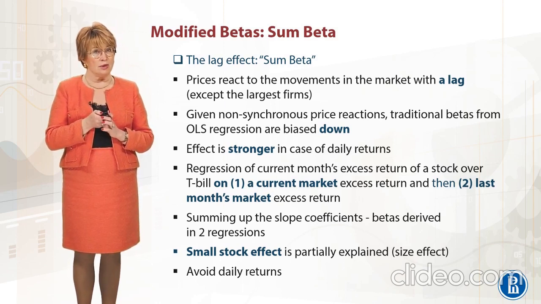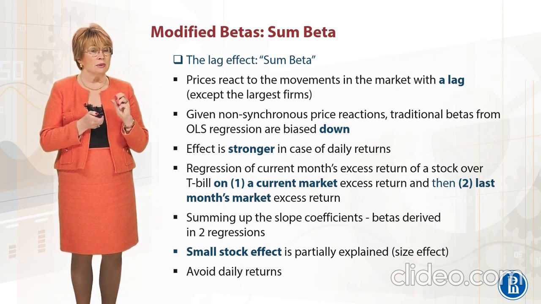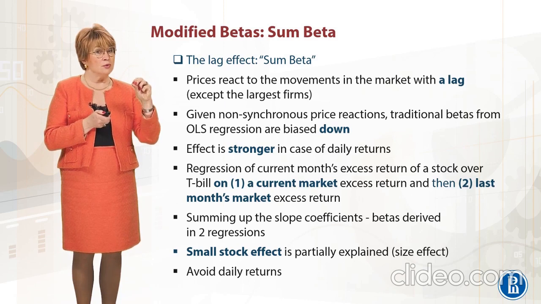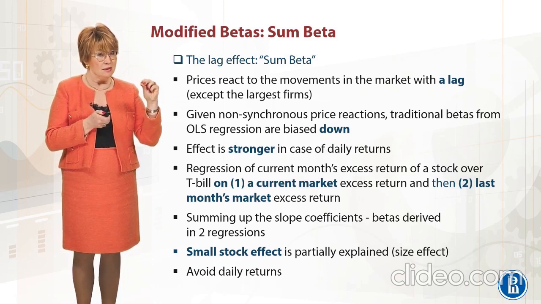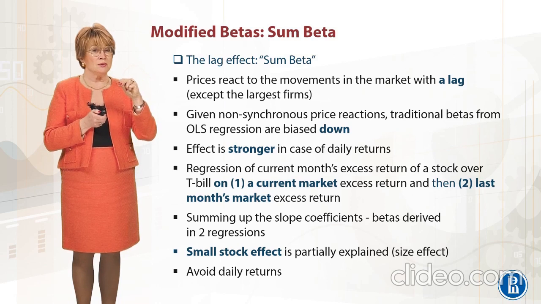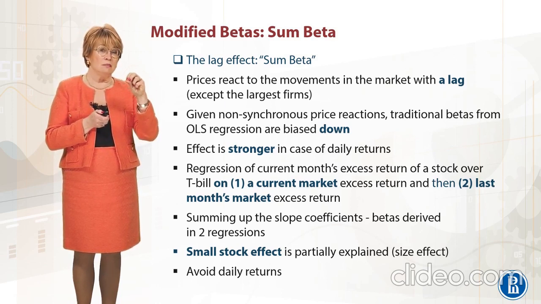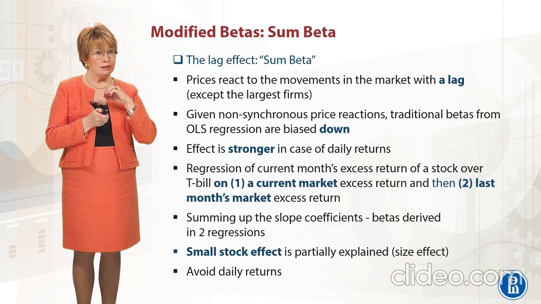So he or she will run the regression analysis twice, and he or she will get two values for the beta coefficient. And then, after these two steps, the analyst may sum up those true betas or slope coefficients, the betas derived in both regressions, and it would become sum beta.